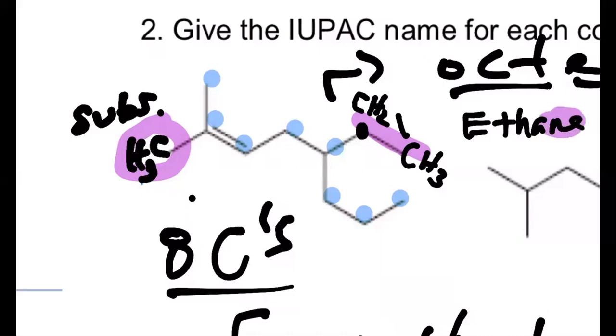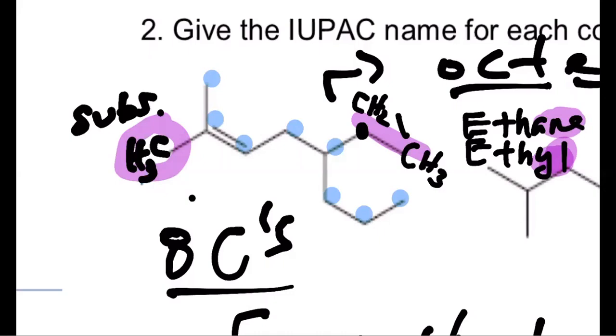So instead of it being ethane, this now becomes an ethyl group, right? Ethyl. When you see it end in YL, that indicates it's a substituent and it's not just independent. If you see ethane, that means it's independent, right?